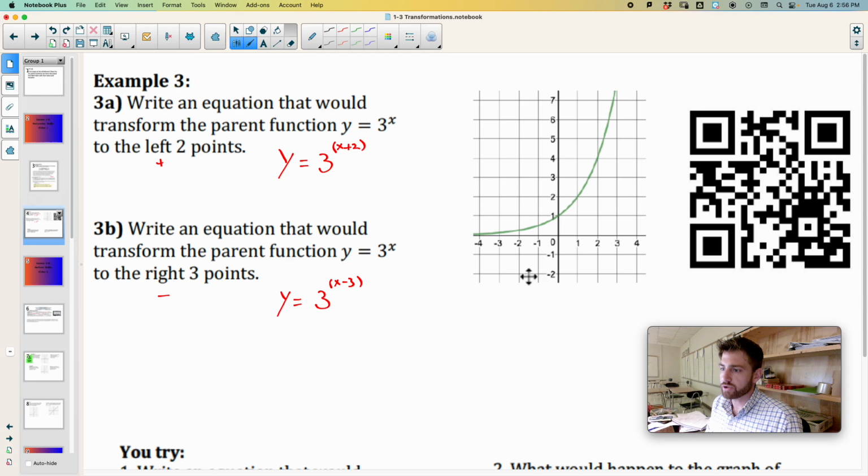I'm going to show you what that would visually look like on this graph. If I were to pick just a point and shift it 3 units to the right, it would go 1, 2, 3 units to the right. And I'm going to sketch the same pattern that would look like here, as close as I can get.